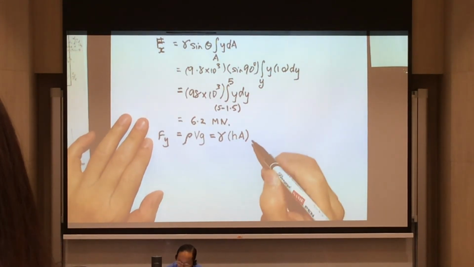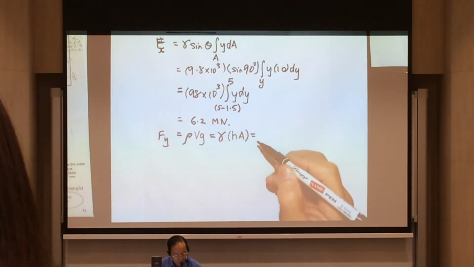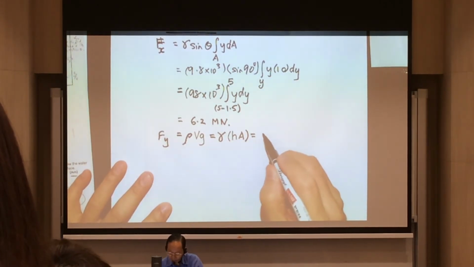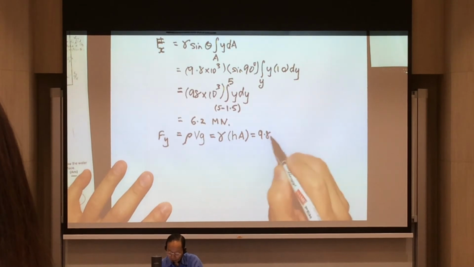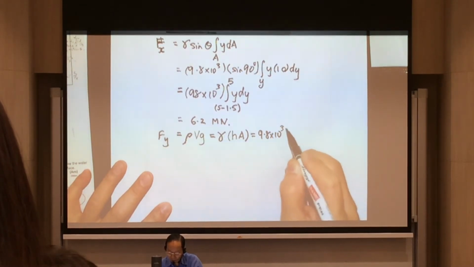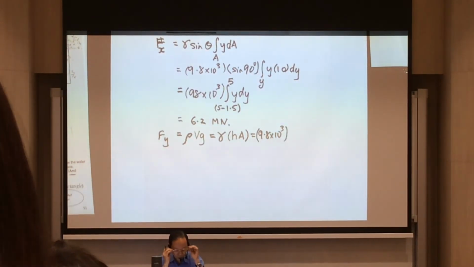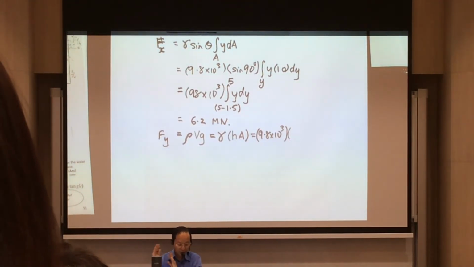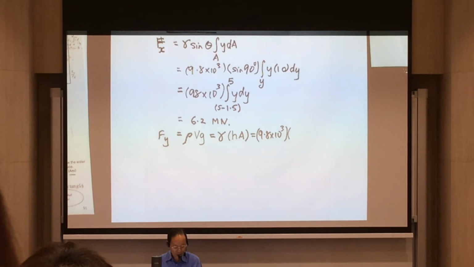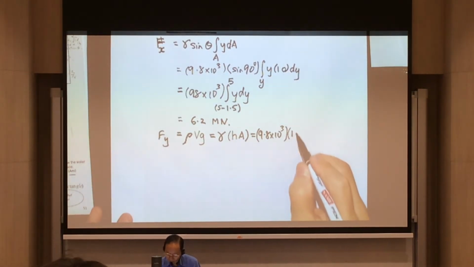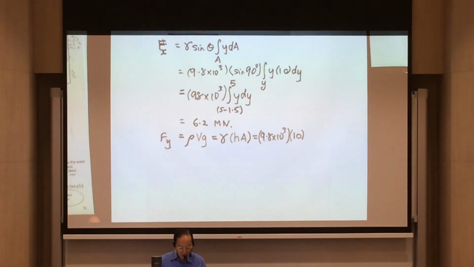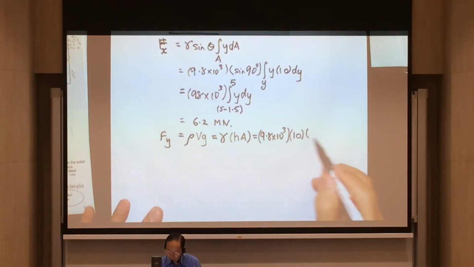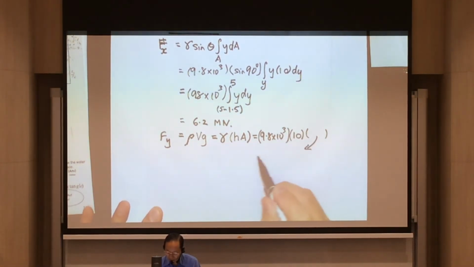Gamma for water is 9.8 times 10 to the power of 3 newtons per meter cubed, times the length. What is the length of the ship? 10 meters. Next, what is the A? What do you think the A is?